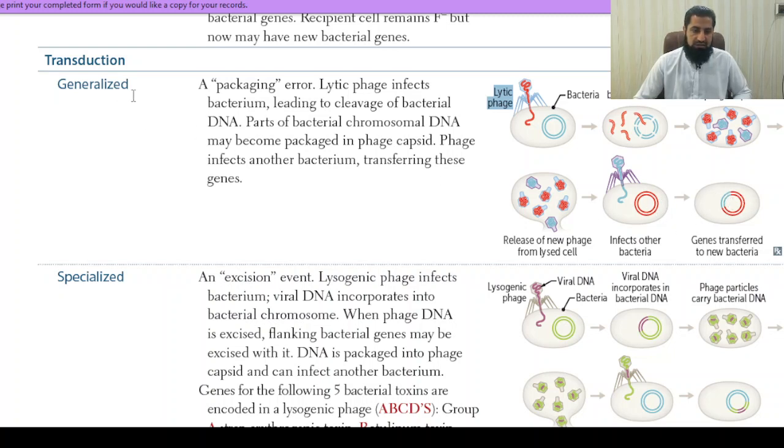This is called generalized transduction. This is a picking error. A lytic phage infects a bacterium, leading to cleavage of the bacterial DNA. Part of the bacterial chromosomal DNA may become packed into the phage capsid. The phage infects another bacterium and transfers these genes to it.